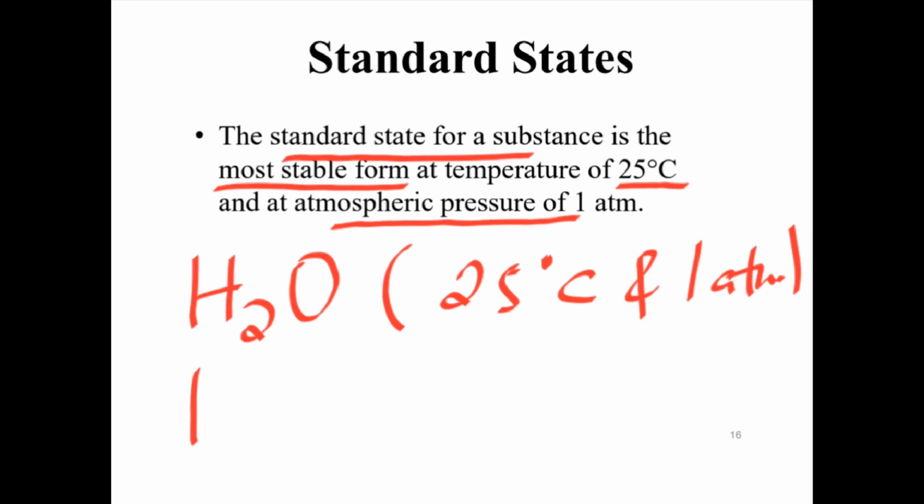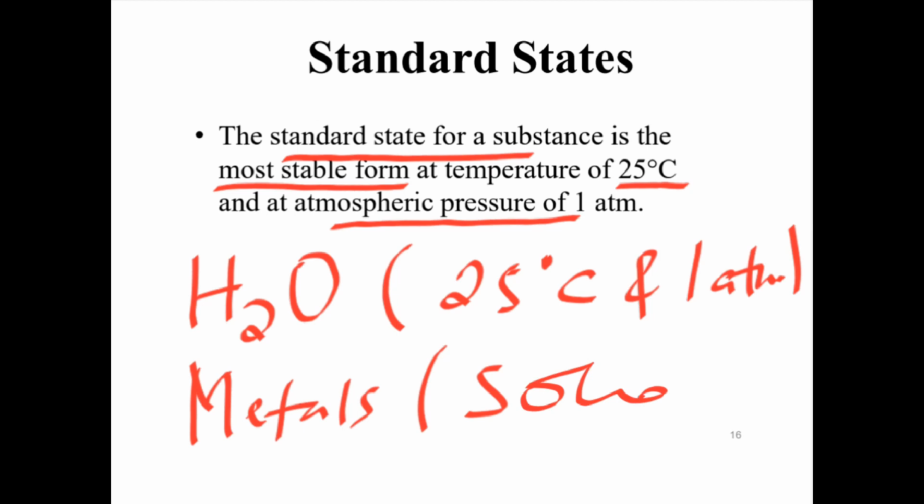If you take metals at 25 degrees Celsius and 1 atmosphere, their phase or state is solid, so the standard state for metals is solid.